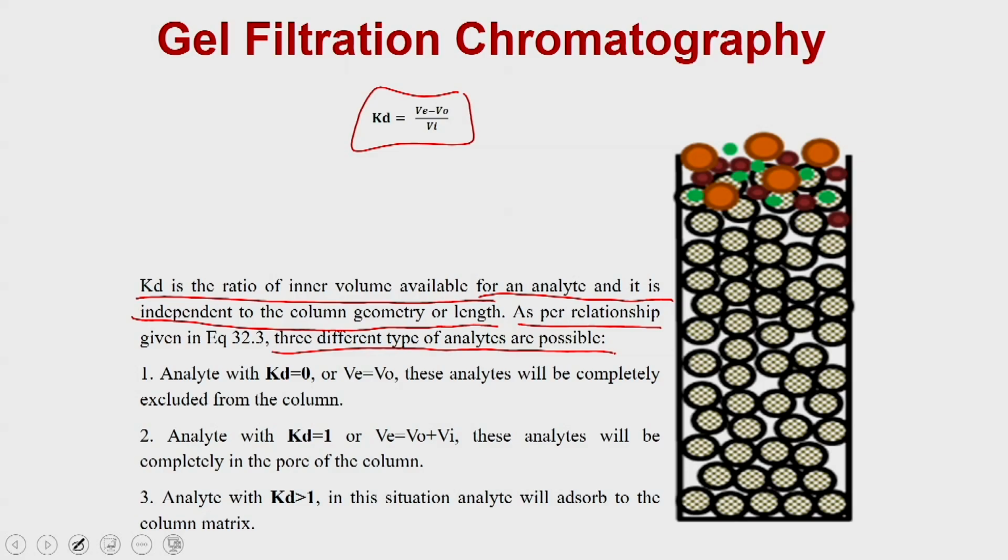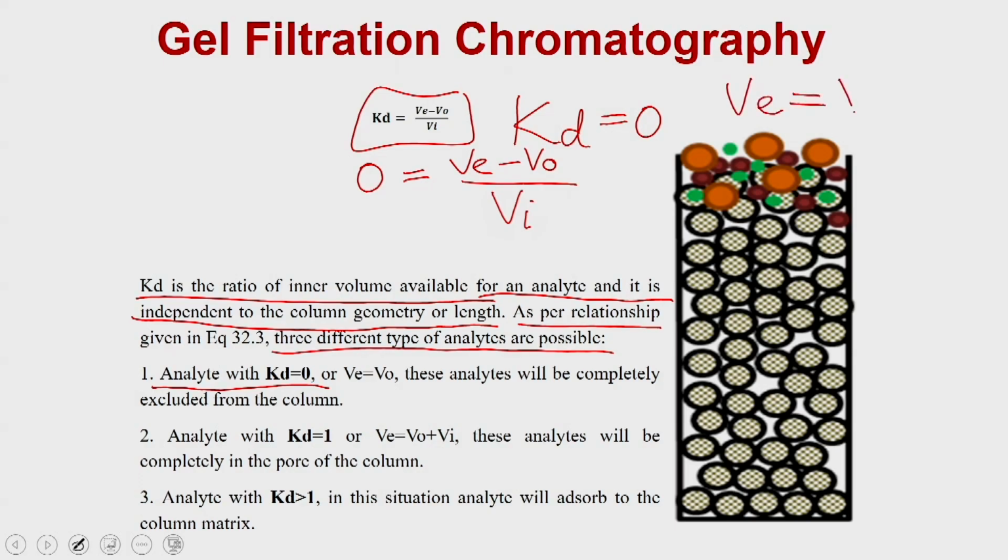Now, imagine that you have an analyte with Kd equal to 0. If Kd is 0, then (VE minus Vo) divided by Vi is 0, so if you do the rearrangement, you will see that VE is equivalent to Vo.